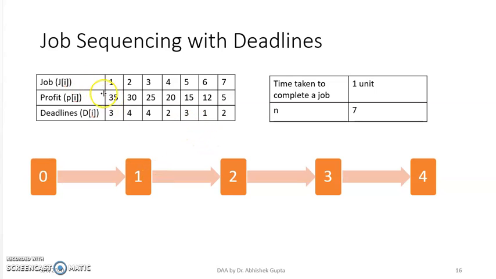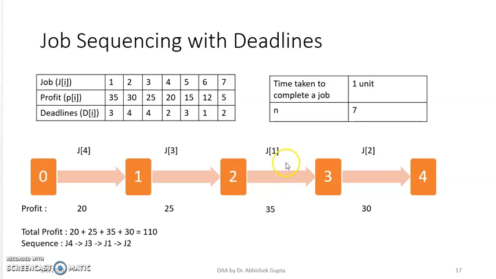So these are the jobs, profits, and deadlines. First, you see the first job has the maximum profit 35 and the deadline is 3. So we will allocate this first job in the third slot because the deadline is 3. So the first job has been allocated in this slot.